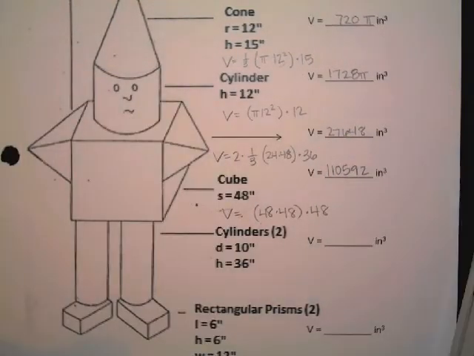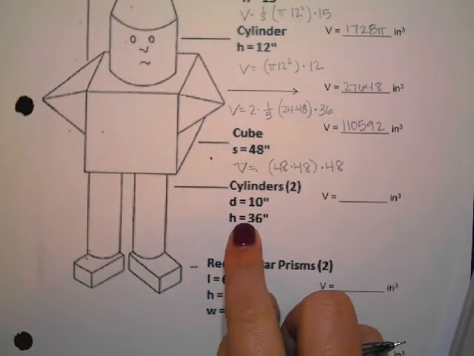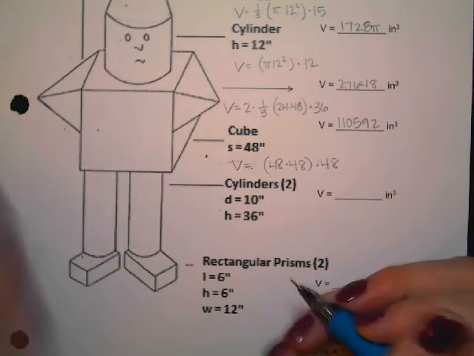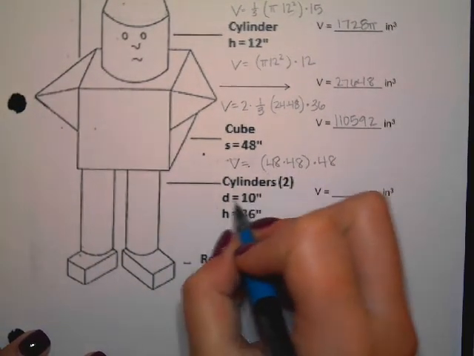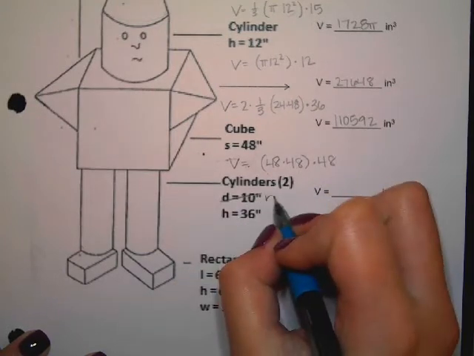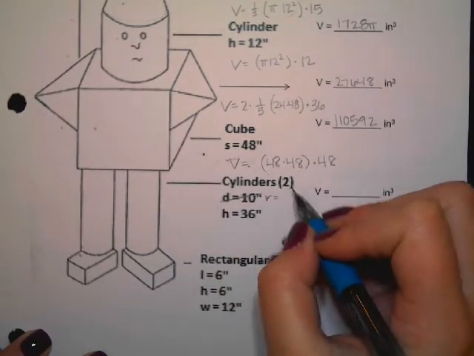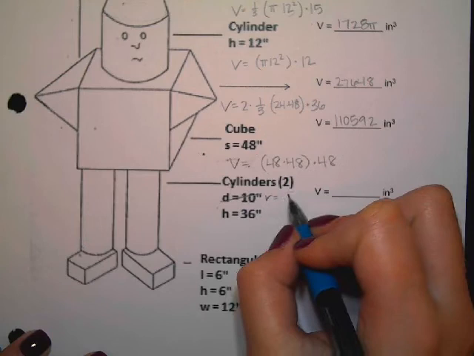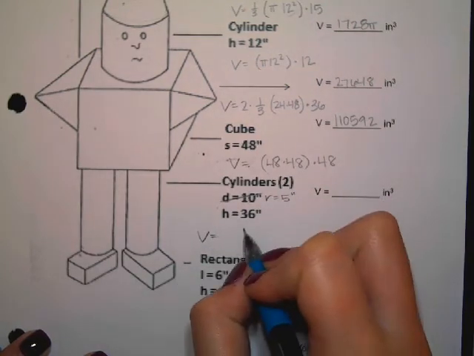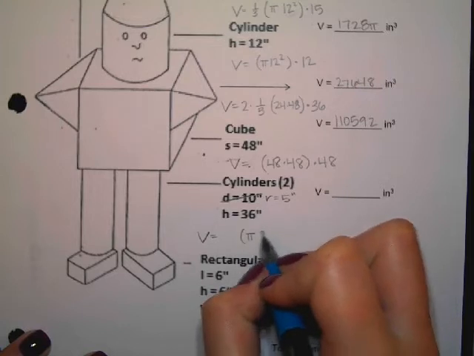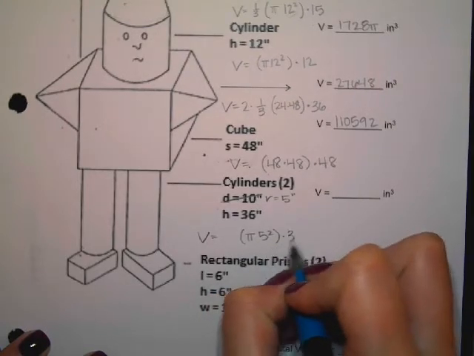Okay. Then we have two cylinders for legs, and so we know that the volume of a cylinder is the area of the base multiplied by the height, and I need the radius for that, because the area of the base is a circle, so the radius would be 5 inches. So for the volume, I have the area of the base, pi times 5 squared multiplied by the height.